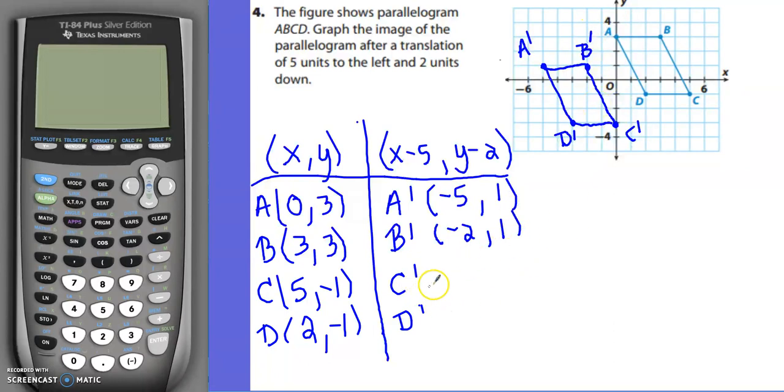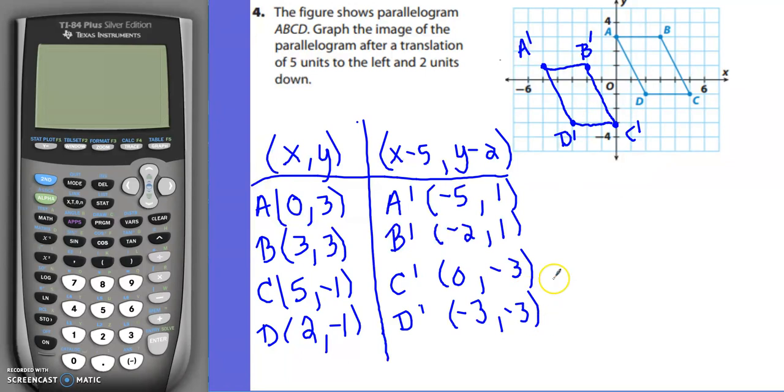C, 5 minus 5 is 0. Negative 1 minus 2 is negative 3. Did I go 0, negative 3? Yes. All right, 2 minus 5. That is negative 3. And negative 1 minus 2 is negative 3. Did I go over 3 and down 3? Yes.